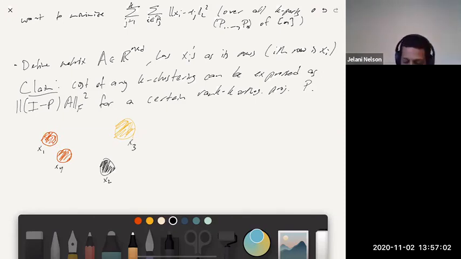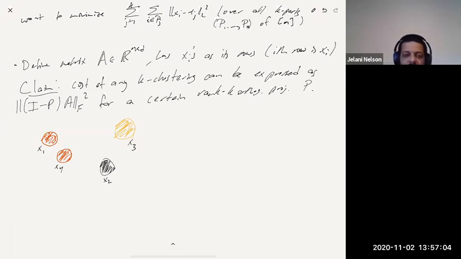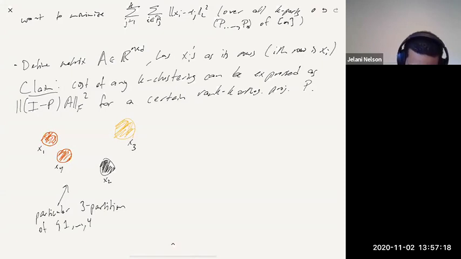Now, this is a particular 3 partition of the set of points 1 up to 4, right? And I'm just saying that if you have the same color, you're in the same partition. I could have partitioned these in other ways, but I chose this particular 3 partition of the 4 points.